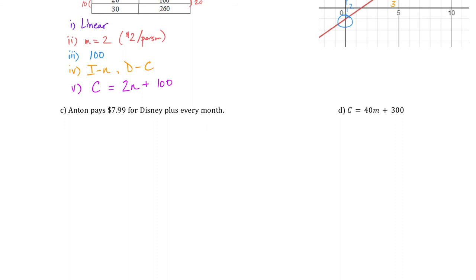Okay, well, since we are paying the same amount every month, since it is not changing, then that makes that relationship linear. I have been given my amount per month, so I have been given my rate of change. My slope is 7.99.